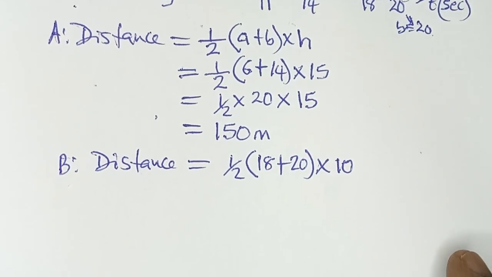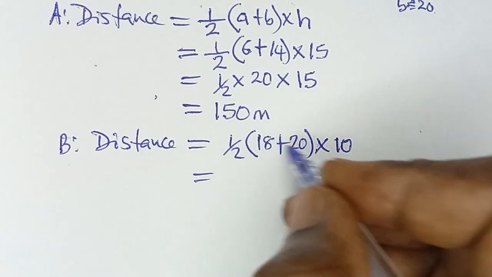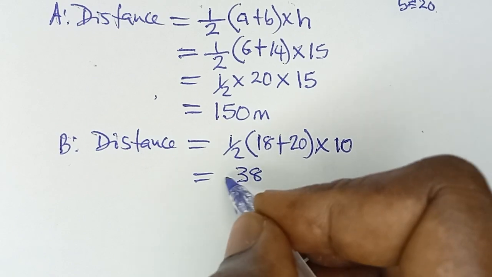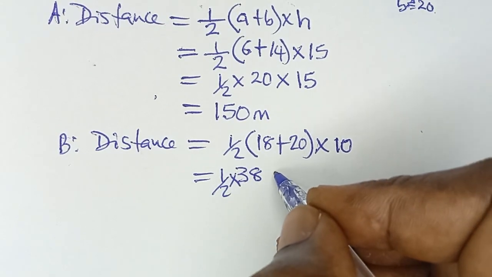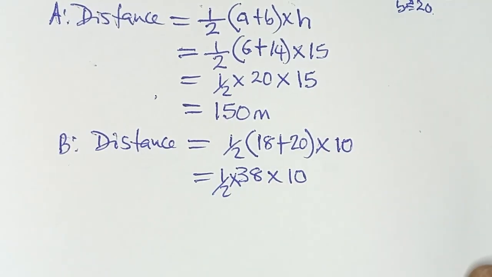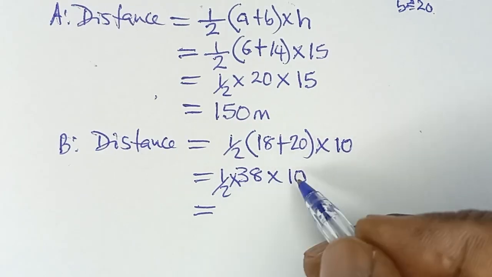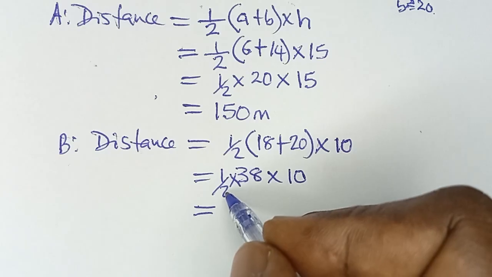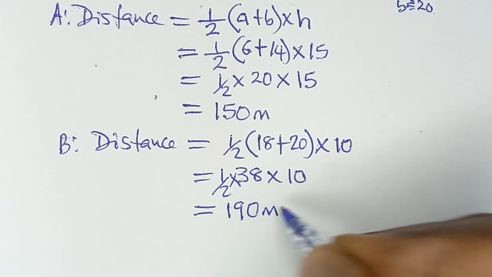So simplifying that further, 20 plus 18 is 38. So I say half multiplied by 38 and then multiplied by the value that I have here, 10. 38 multiplied by 10 is 380, and 380 divided by 2 will give us 190 meters.